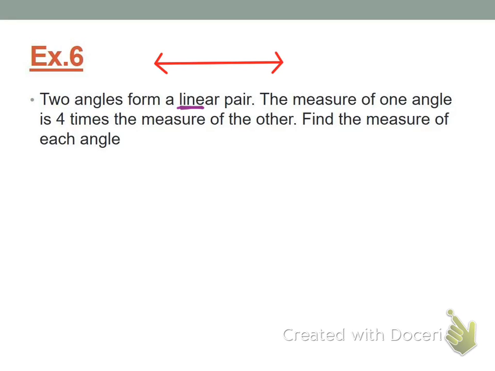So much like in one of our warm-ups, we don't know either of those angles. So one of them we would call X, the other one we would call 4X. Okay, and if it's a linear pair, their sum is 180.